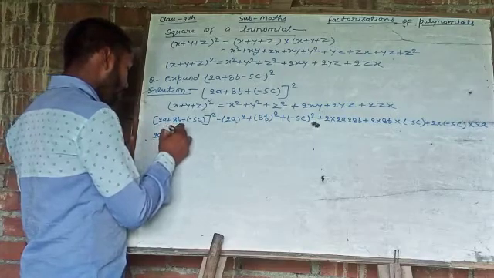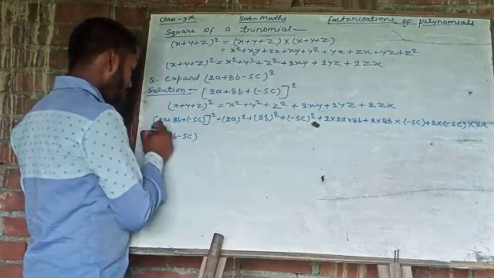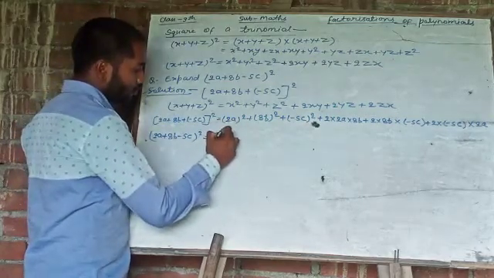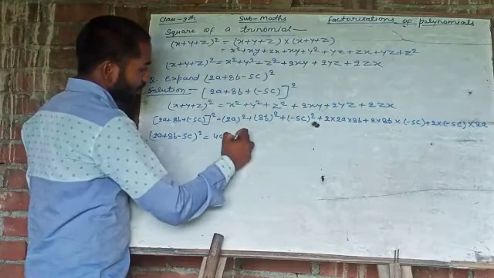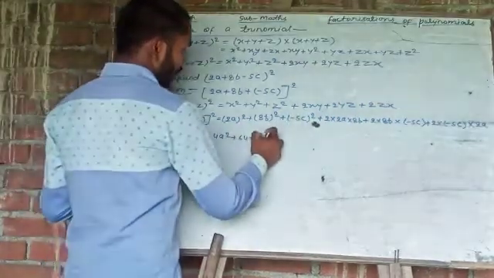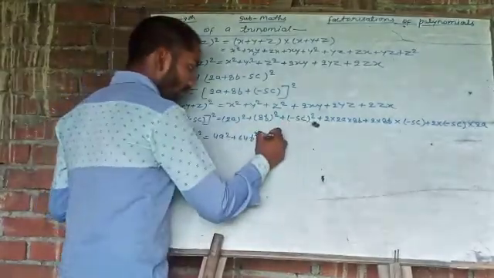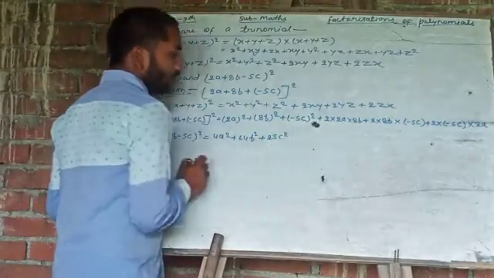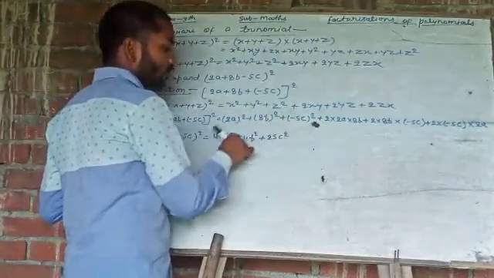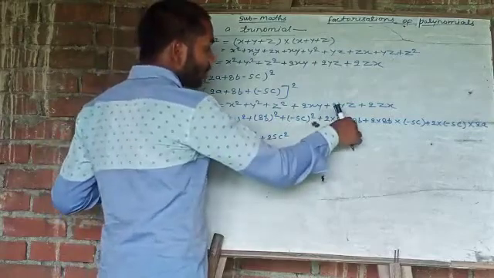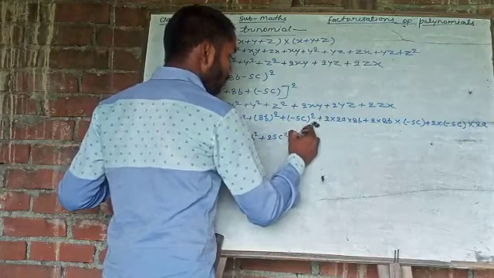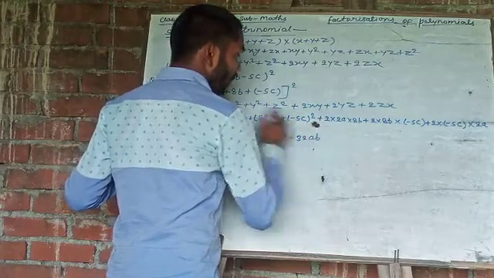So 2a plus 8b minus 5c whole square is equal to, from here 2a whole square will be 4a square, from here 8 8s are 64 b square, and it will be 25 c square, because minus into minus will be plus, so the whole square will be positive. From here 2 2s are 4 and 4 8s are 32, so 32ab.